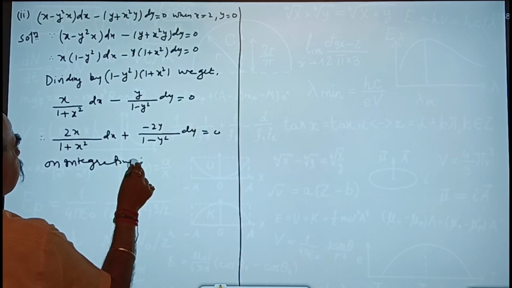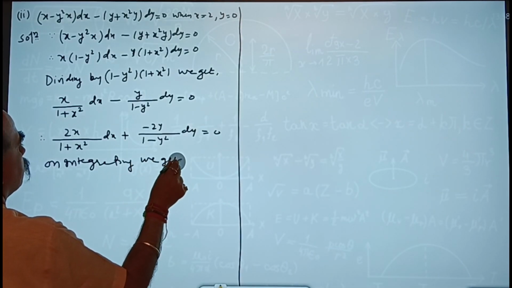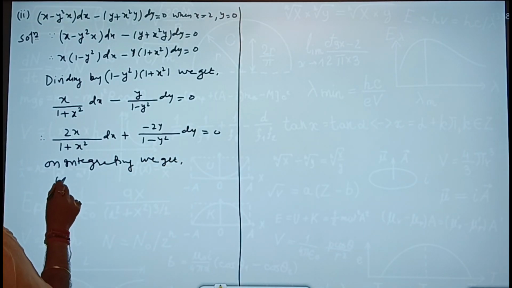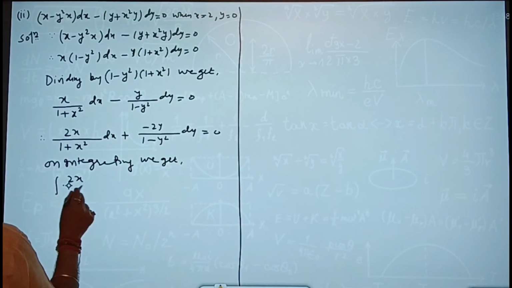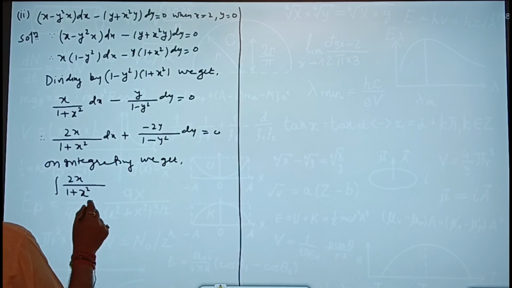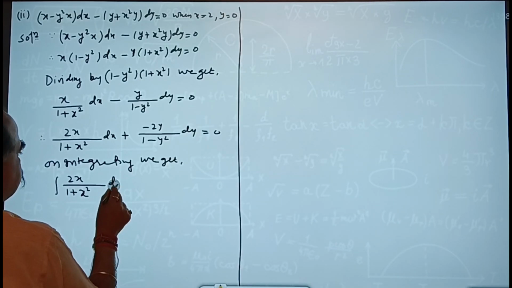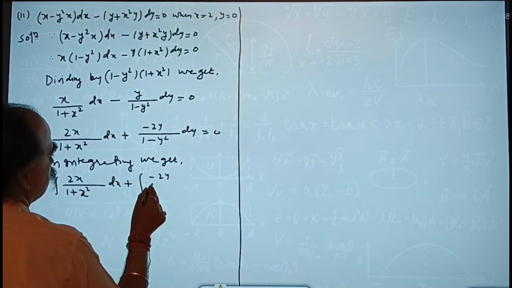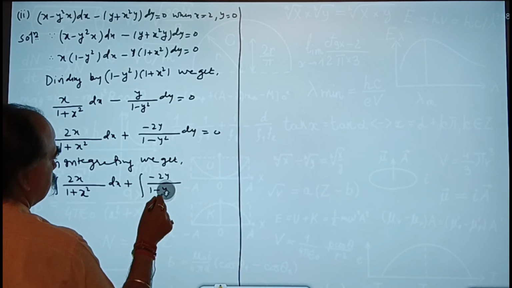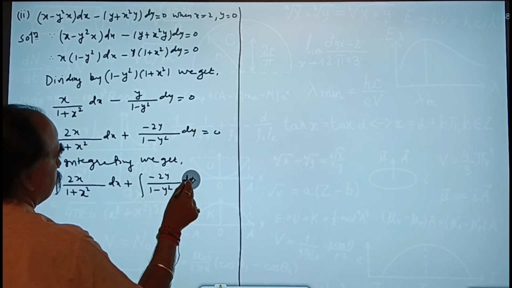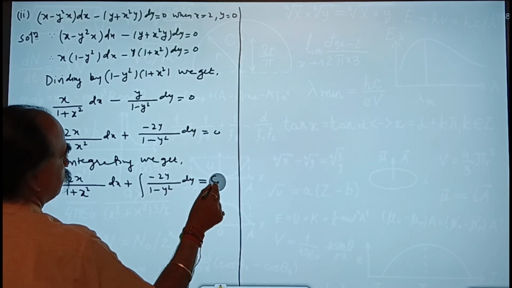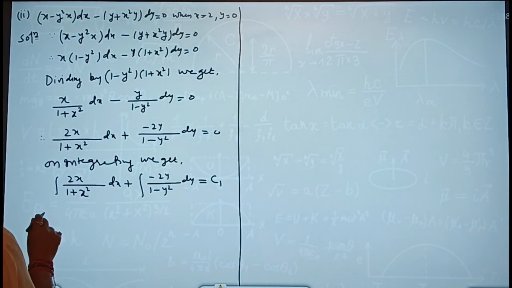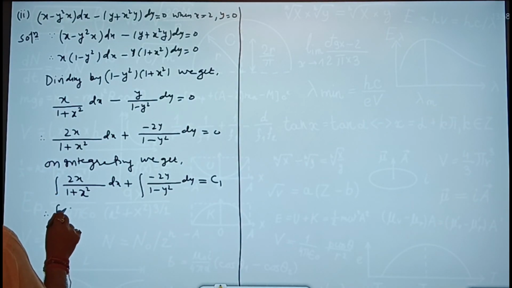On integrating we get two x upon 1 plus x square dx plus minus 2y upon is equal to c1. Numerator is what?